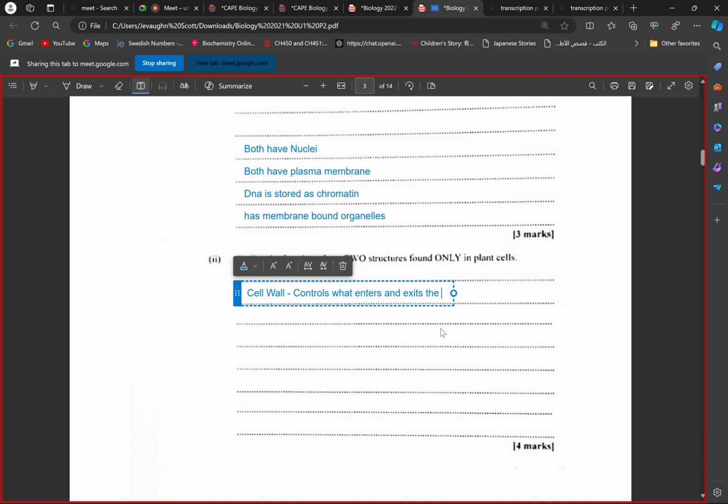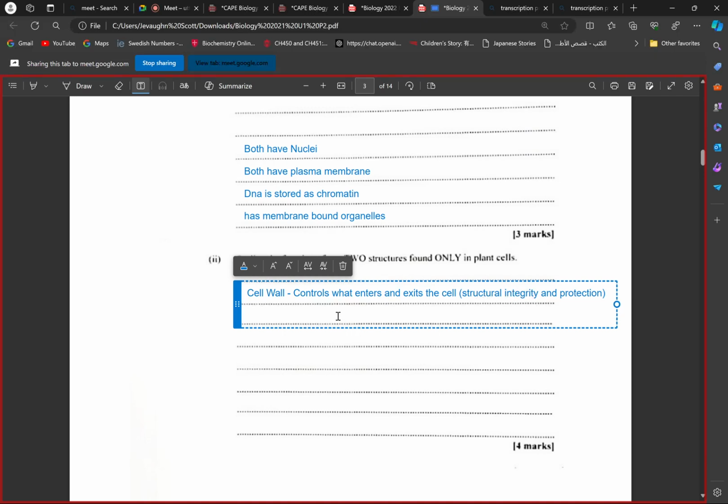Not only does the cell wall do that, but the cell membrane helps with that as well. Alright, and also for general structural integrity, and protection.